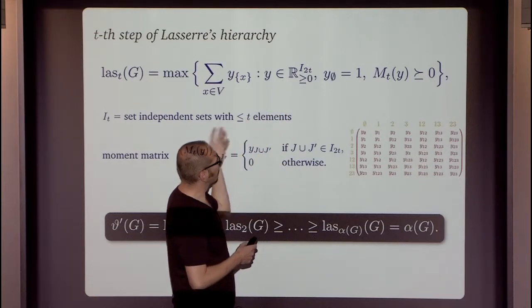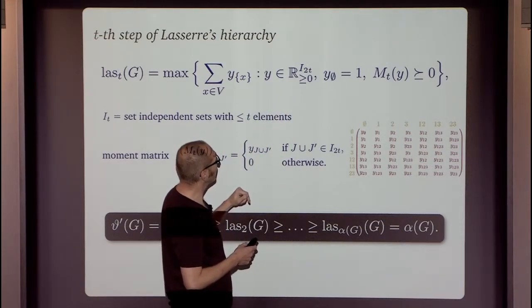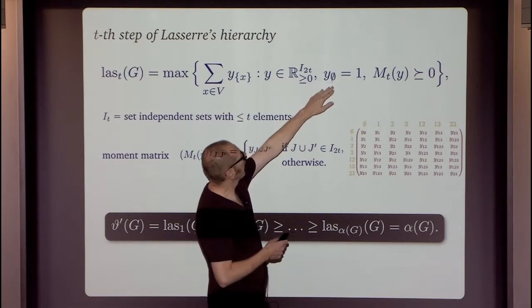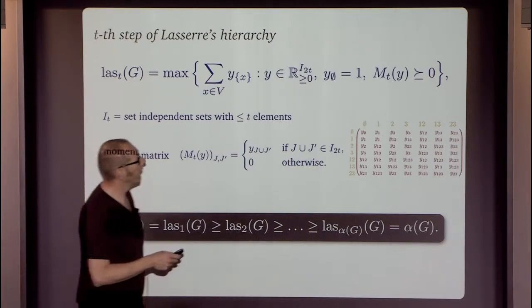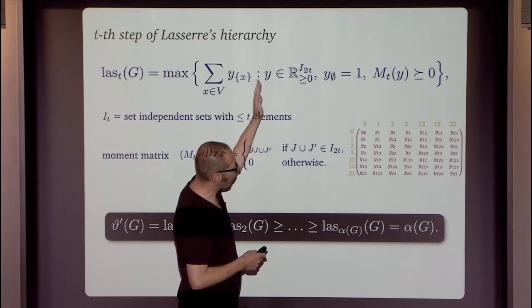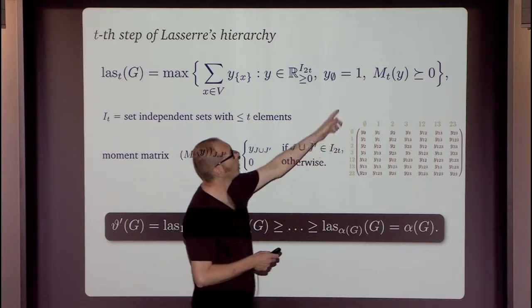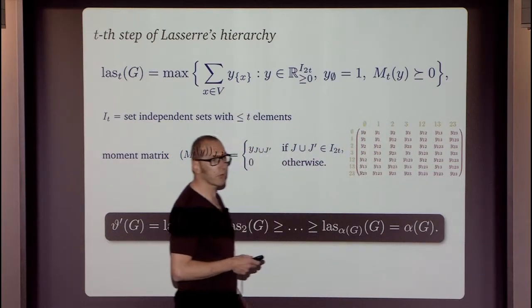Then it should come from a probability measure, so you want y of the empty set to be equal to 1. And it should be a pseudo-moment vector. This means that if I plug the entries of y into a moment matrix, then this moment matrix should be positive semidefinite.